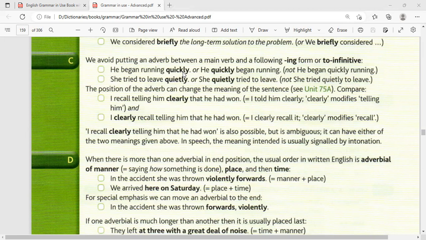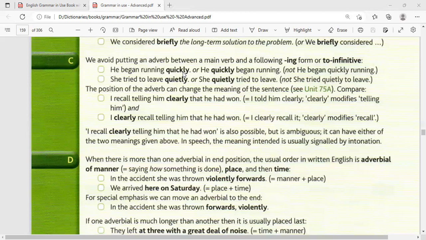Because we don't add the adverb between the main verb and the verb ing. So when we have a verb followed by a gerund, ing, or to plus infinitive, in this case we cannot use an adverb between them.